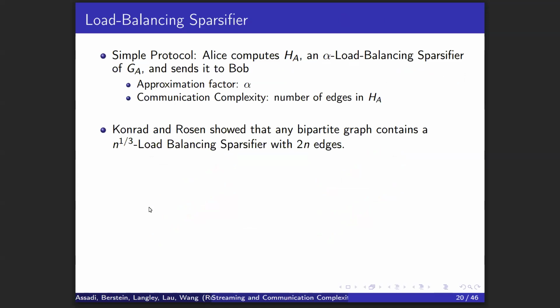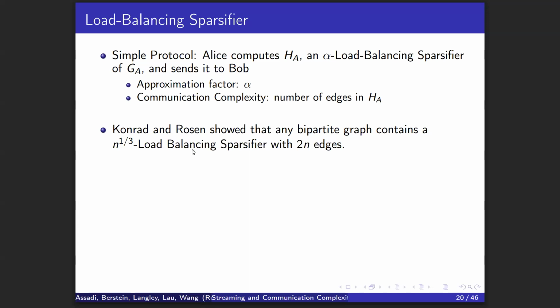Right. So given this definition of load balancing sparsifiers, we immediately see that the load balancing sparsifier gives you a one-way communication protocol. In particular, if Alice receives any subgraph, she can just compute a load balancing sparsifier of this graph and send it to Bob. And the sparsity, the number of edges in this graph, will be the communication complexity of this protocol.